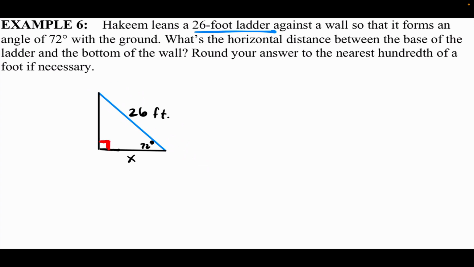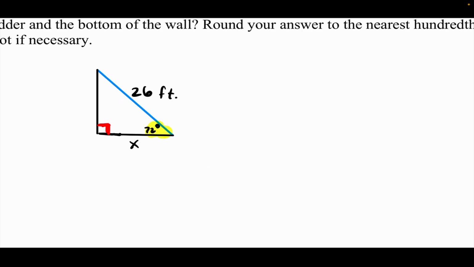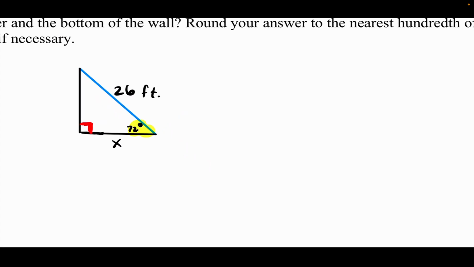Okay. So I know I'm going to use 72. From 72, I have adjacent and I have hypotenuse. That's cosine. So cosine of 72 degrees equals adjacent over hypotenuse.